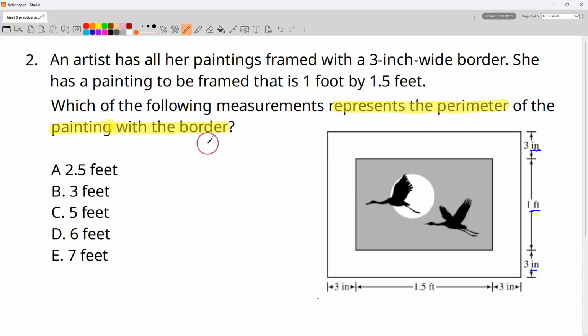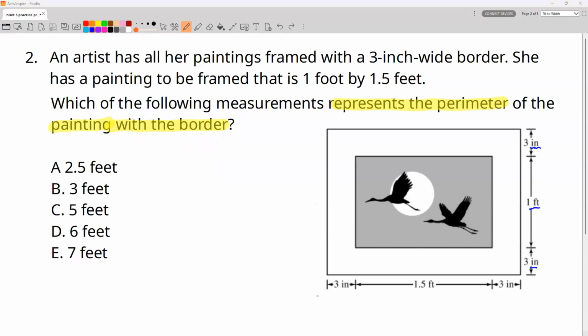If you remember, 1 foot equals 12 inches. By the way, you don't need to remember this. You'll have a formula sheet. This is on the formula sheet. So I need to make some conversions here. 1 foot equals 12 inches.